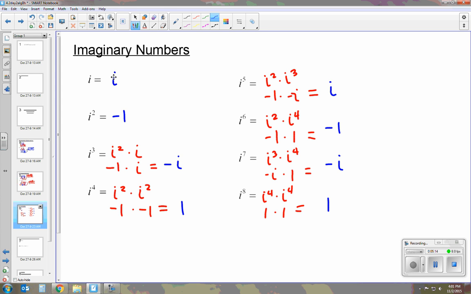And if you notice, there's a pattern that repeats. It goes i, -1, -i, 1. i, -1, -i, 1. And it keeps on repeating just with these 4 values. So we can use these to simplify different expressions with larger powers.